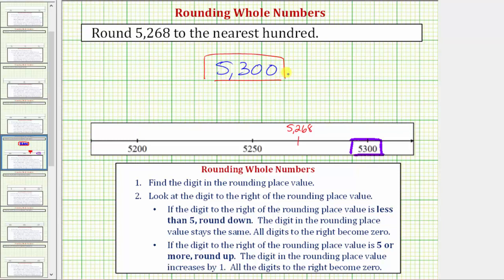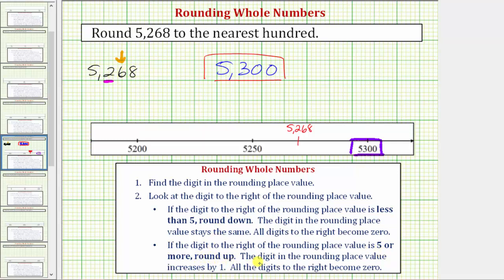Let's look at this again using our formal rules. So starting with the given value, we first locate the digit in the rounding place value, which is the 2 in the hundreds, and then we locate the digit to the right, which would be the 6 in the tens place value. So the 6 is a decision maker. Because the digit to the right is a 6, which is 5 or more, we round up.